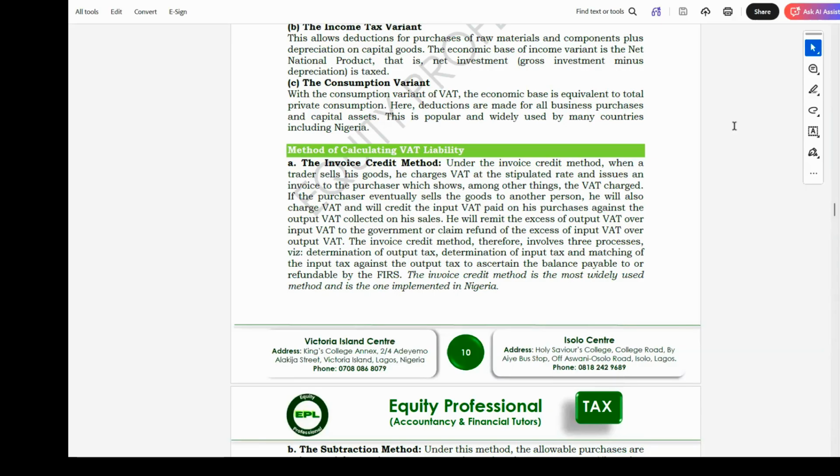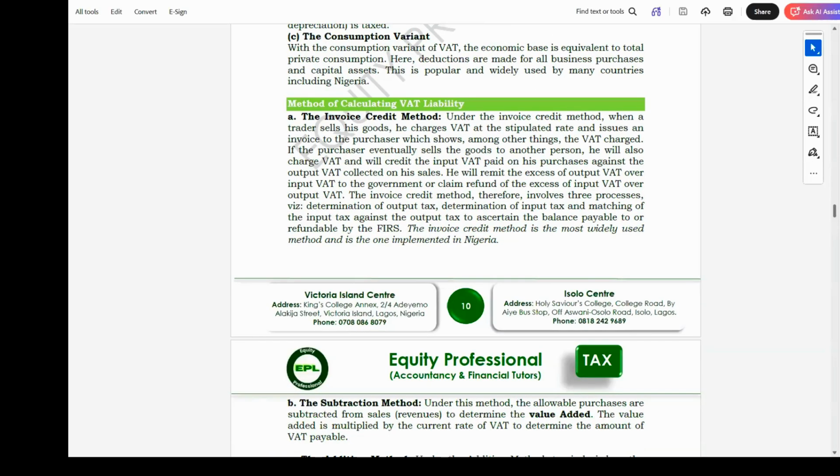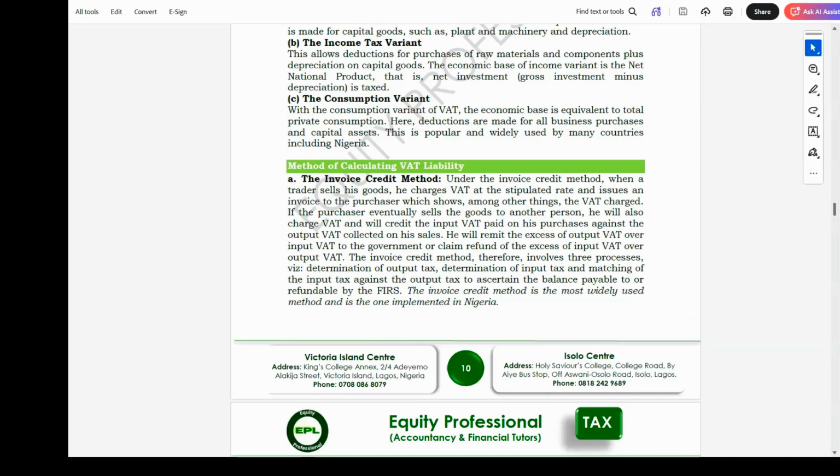Basically, there are three methods of calculating value-added tax according to the tax law. We have the invoice credit method, the subtraction method, and the addition method.